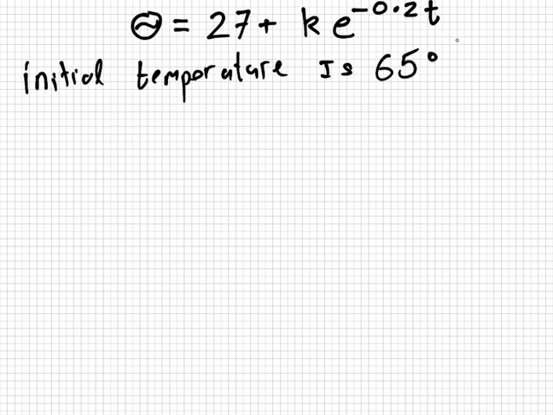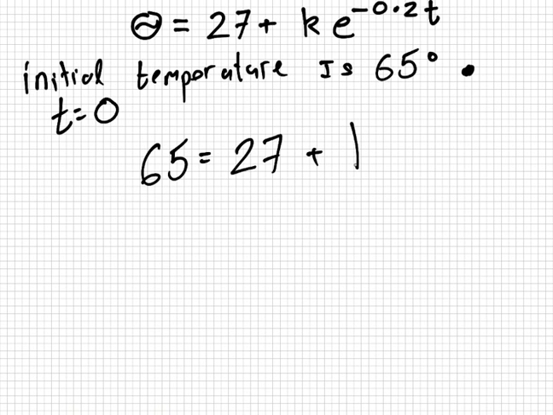Can anybody see how I can use this information to get the K? Yeah, that's it. Initial means the beginning, so t is 0. So I get 65 equals 27 plus K e power minus 0.2 times 0.